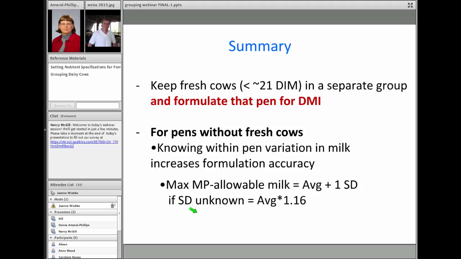And again, right now, our best guess, if you don't know the standard deviation, assume it's 16% of the mean, so that would be what you do there. But again, this estimated standard deviation can be really wrong, depending on how you group your cows.